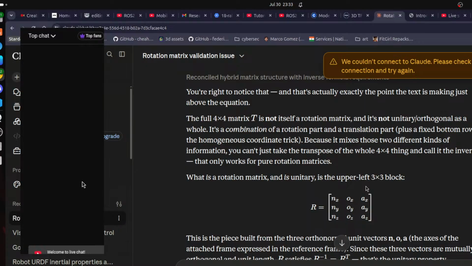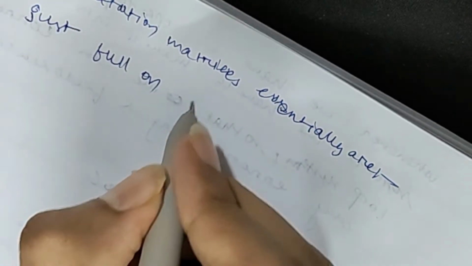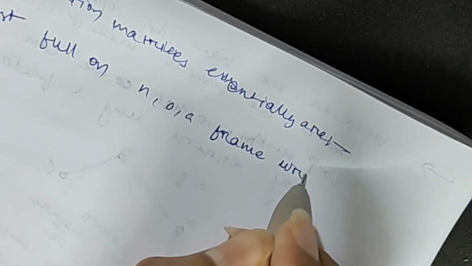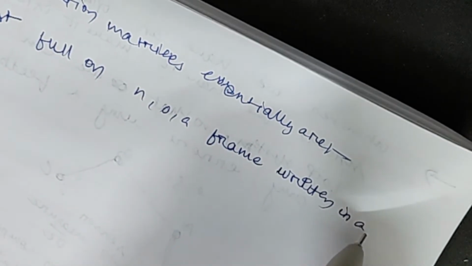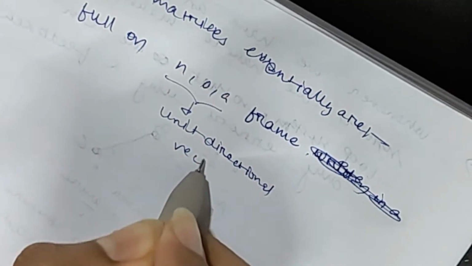What rotation matrices essentially are: this full-on NOA frame written in a homogeneous manner. This unit directional surface.